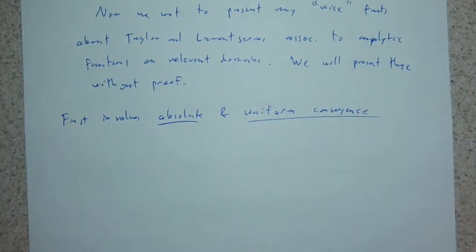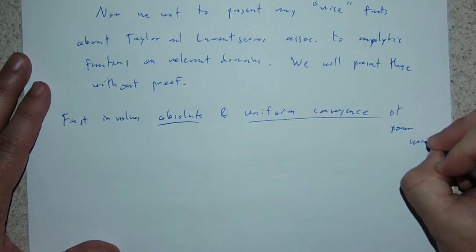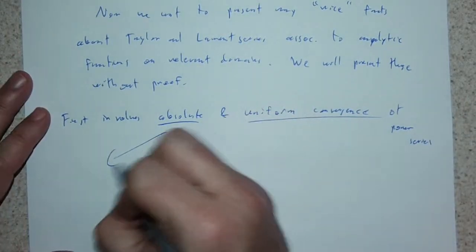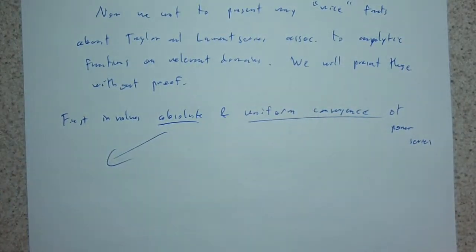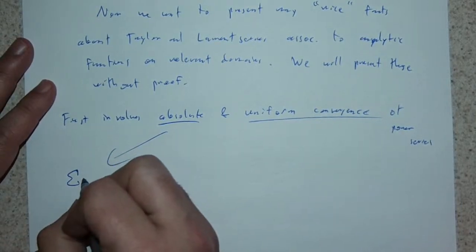So this is absolute and uniform convergence of power series. So what does absolute convergence mean? A series absolutely converges if the series of absolute values converges. So a sum of complex numbers here.